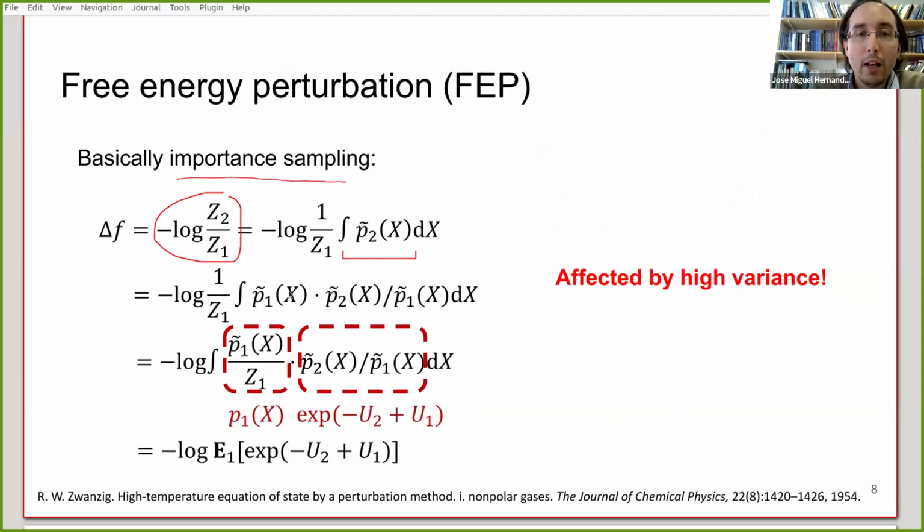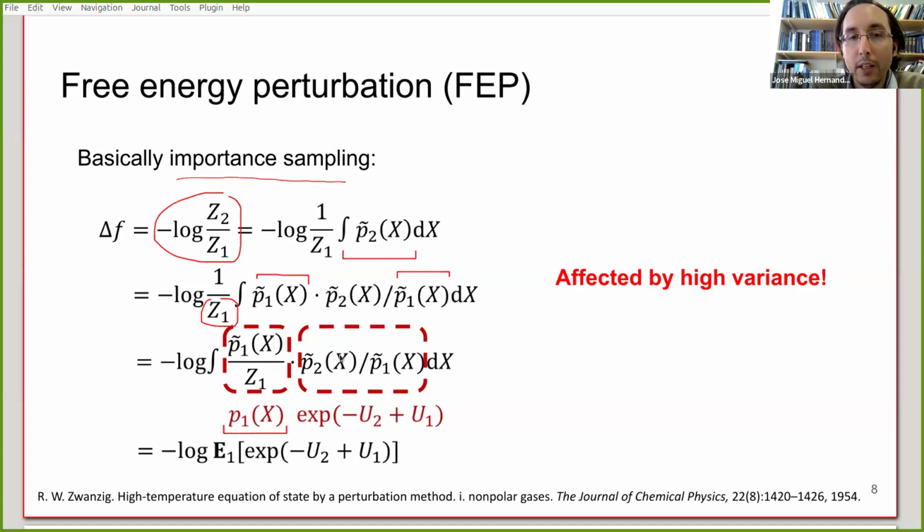And then you can multiply here and divide by P1 normalized. And then you can take this normalization constant Z1, dividing P1, and that's the normalized first distribution.